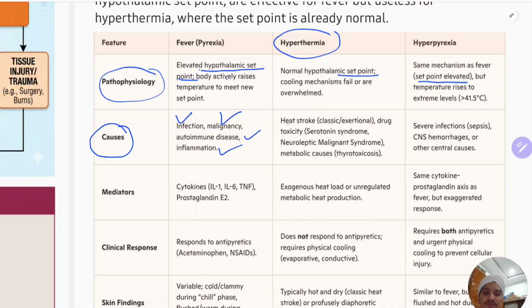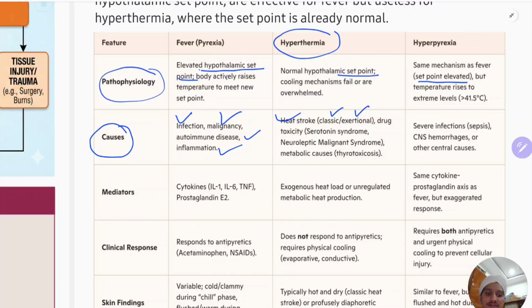Whereas for hyperthermia, heat stroke, either classic heat stroke or exertional heat stroke. The difference between classical and exertional is, in classic heat stroke, the heat managing mechanisms of the body are impaired because of some patient cause.